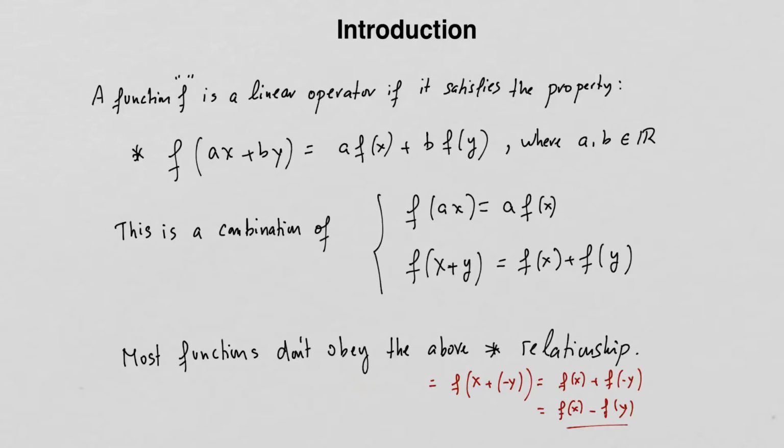So if trying to show that a function f is a linear operator, you can do it in one shot. Try to prove that this is this, or try to prove this and prove that, and together will give you this. Okay, now why is this breakdown useful? It actually is more useful if you want to disprove this. So if you want to show that this is not that, it suffices to show that this doesn't work, or this doesn't work, or both.